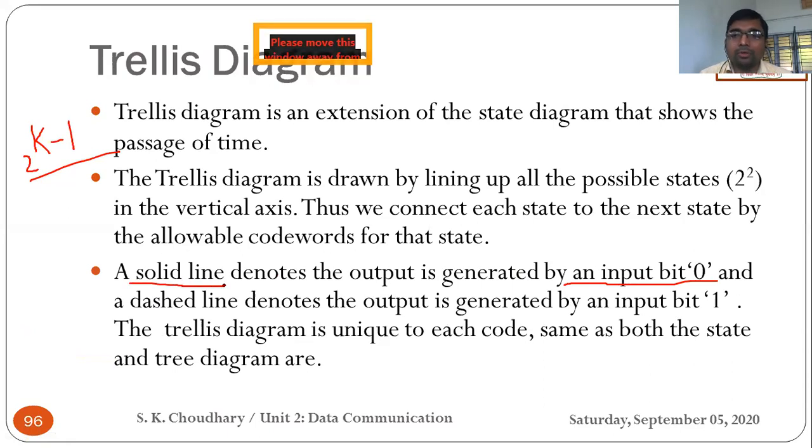Whenever the input is 0, we indicate it with a solid line, and a dashed line denotes the output generated from the input bit 1. The trellis diagram is unique for each code, the same as the state and tree diagrams are. Here also the change of state is similar to the state diagram or the tree diagram.